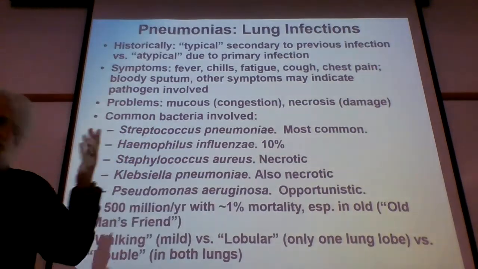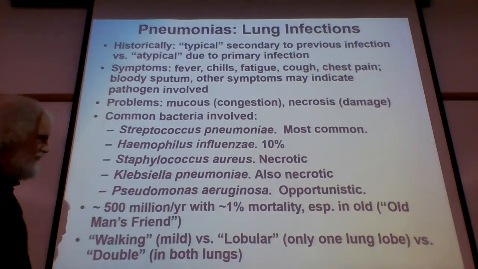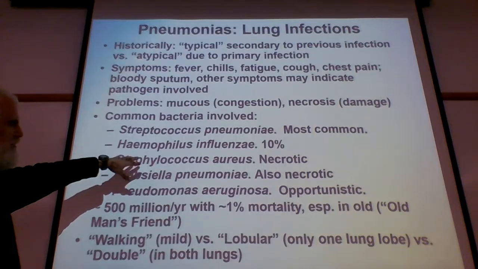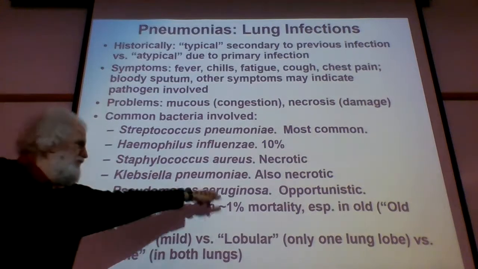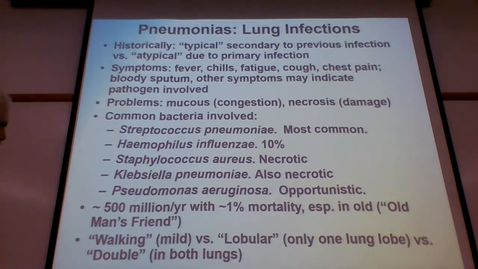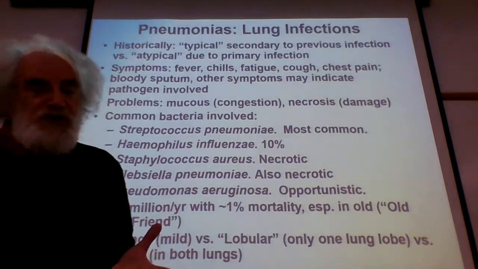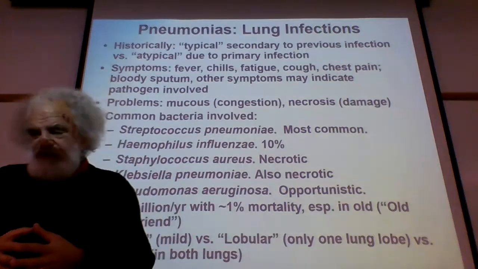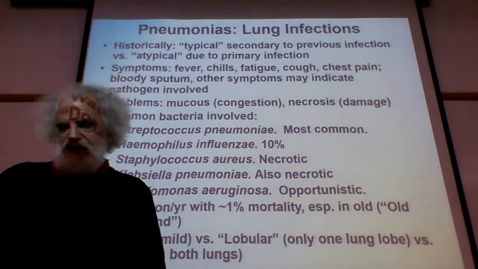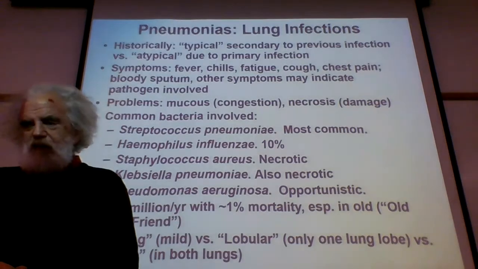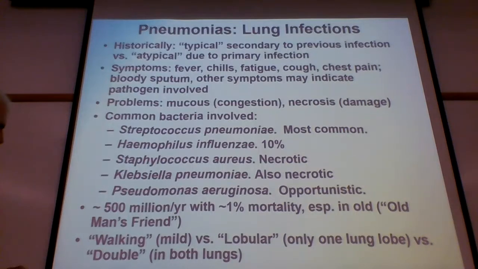Staph aureus, which is common on the skin and everywhere, is also able to generate pneumonia. Klebsiella pneumoniae, Pseudomonas aeruginosa, these are other bacteria that essentially are opportunistic infections. When you have an immune suppression, that's when you end up getting these infections. So, a pretty high number of cases, about 1% mortality, especially in the old.